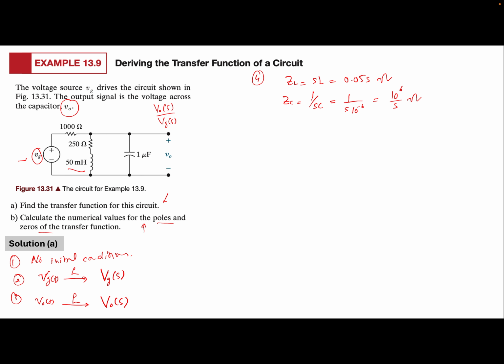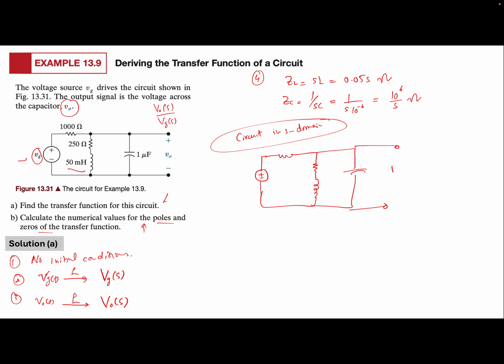Okay, this is interesting. Now I can easily draw my circuit in the S domain. My circuit in the S domain is going to look something like this, and a capacitor, and this, right? Again, this is capital V naught over S. This is capital VG over S, VG of S. This is 1000 ohms, 250 ohms.